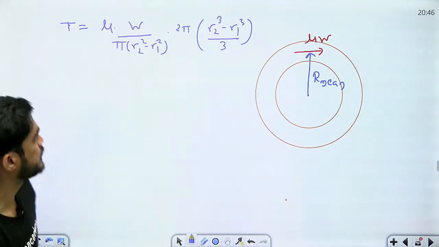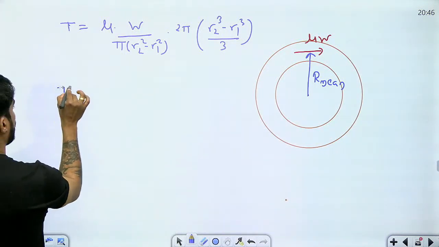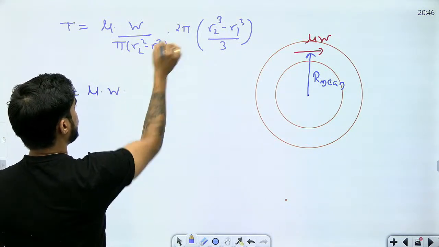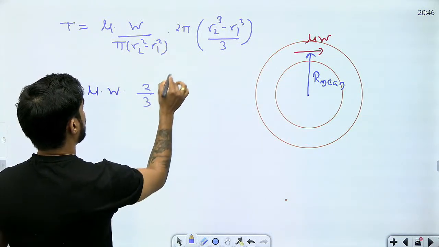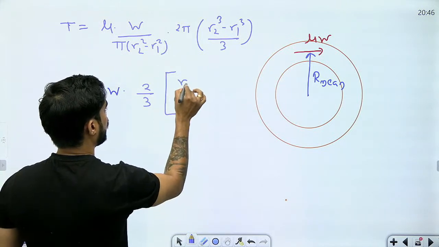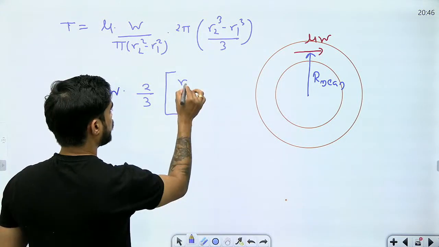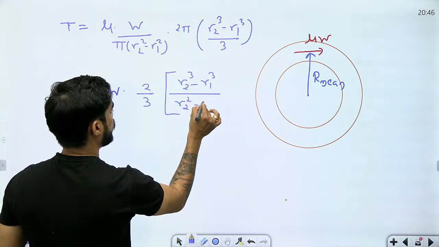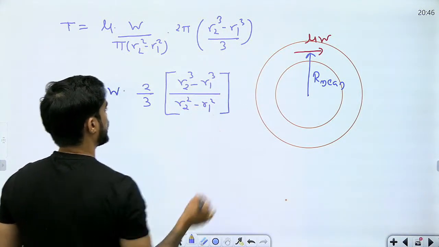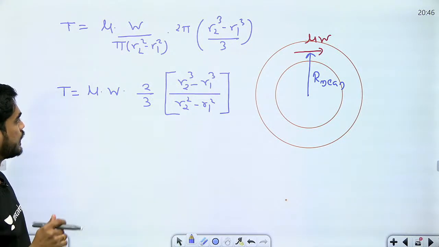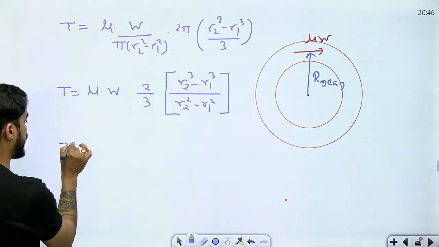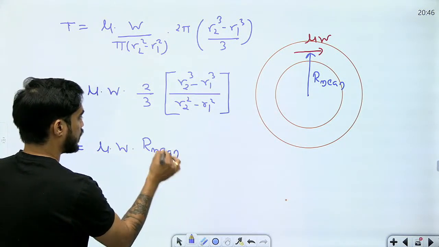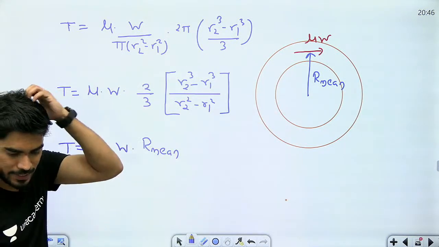Now in this case, I can write it like this. Pi cancels. This will become 2 by 3 into R2 cube minus R1 cube upon R2 square minus R1 square. Now you can compare this with this relation. अब आप इस equation को इस equation से compare कीजिए.